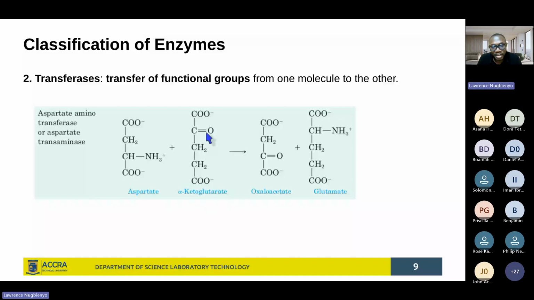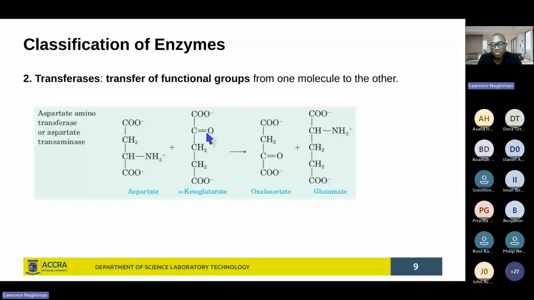So let's look at the product. The product, oxaloacetate. Compare oxaloacetate to aspartate, and you will see that in place of the NH3 plus, that amine group in aspartate, you are now having C double bond O. And that C double bond O is coming from the alpha ketoglutarate.